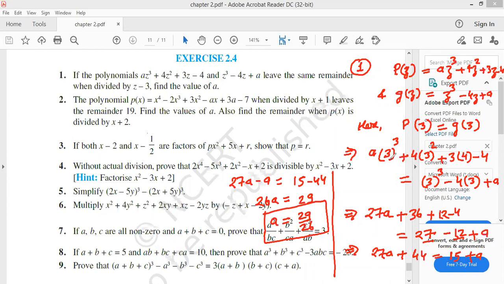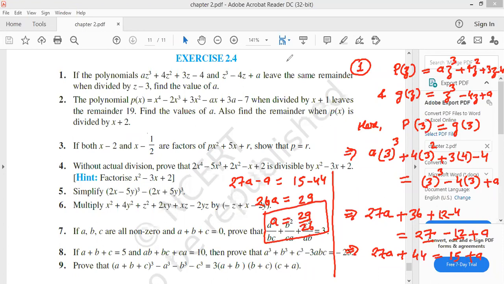Z is 3, so a into 3 into 3 into 3 plus 4 into 3 into 3, correct. 3 3s are 9, 9 3s are 27, 3 3s are 9, 9 4s are 36, 3 4s are 12 and minus 4, and here 3 3s are 9, 9 3s are 27, 4 3s are 12 and plus a, correct. 27a as it is, 36 plus 12 is 48, 48 minus 4 is 44, 27 minus 12 is 15, and 44 minus 15 is 29, correct.